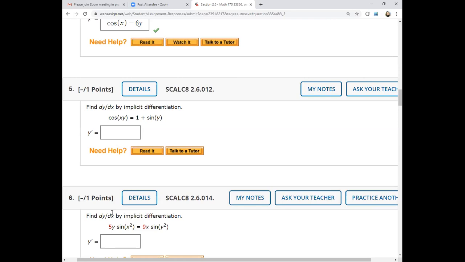So we have cosine of xy equals 1 plus the sine of y. First of all, the derivative of cosine is the negative sine, and you write the argument again: negative sine of xy. Then you differentiate the argument, which is xy.